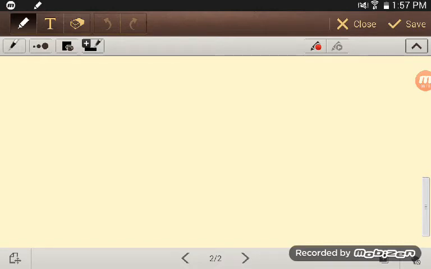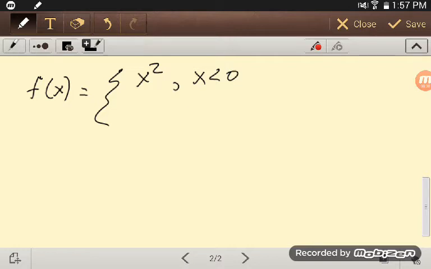A piecewise defined function, all that it says is, I'm going to take f of x, and depending on what that argument is, I might have different rules. Maybe I want to use x squared when x is negative, but then I want to use the square root of x when x is non-negative, greater than or equal to 0. And so there's my definition, and here's my rule.